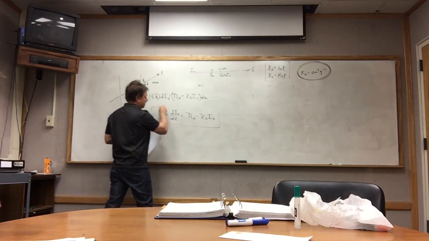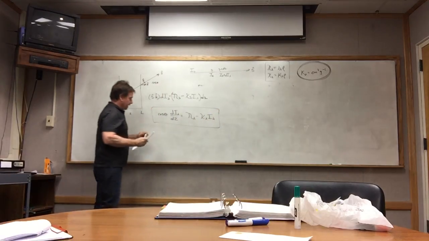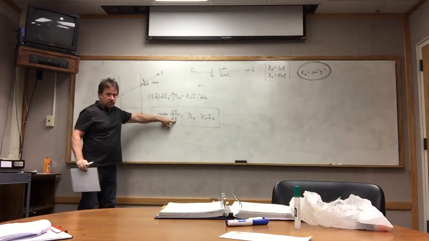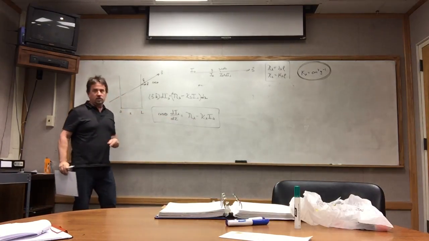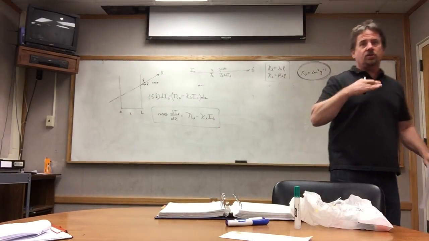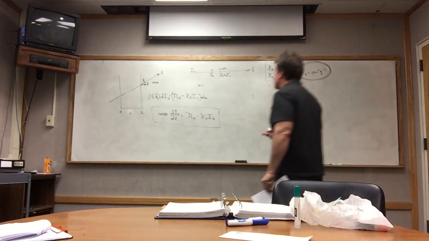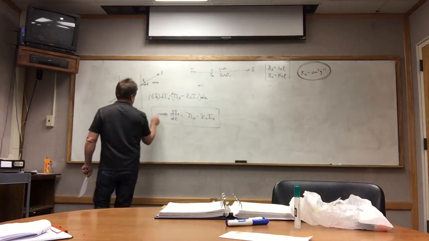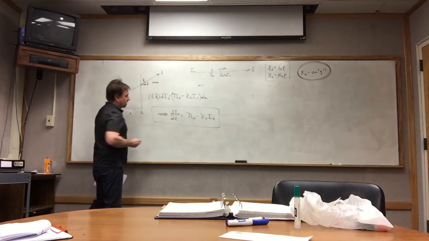And so this becomes, if your z coordinate is not in the direction of the observer, and the theta is the angle between the observer and the coordinate system of the gas cloud, then you have to account for this cosine theta.